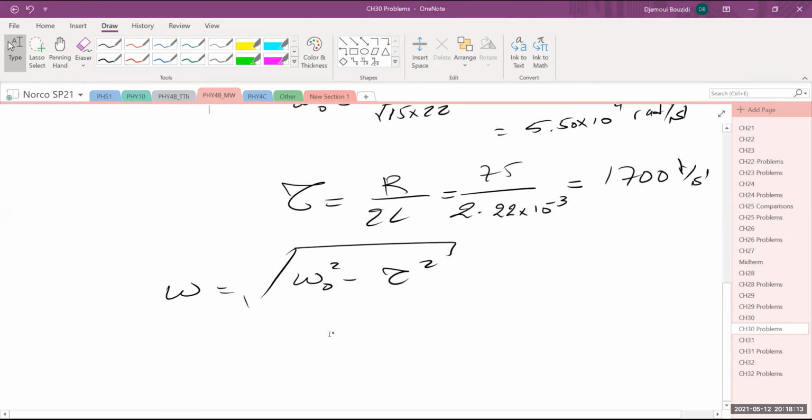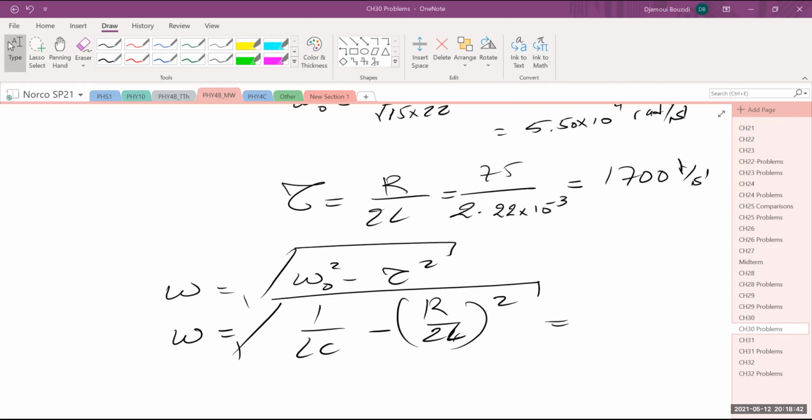Here is what you're supposed to do: 1 over LC minus R over 2L, squared. I'm having difficulty with this calculator. It's giving me a red highlighted closing parenthesis, and for some reason it's not letting me write the argument of the square root. So let me start from scratch and go step by step.